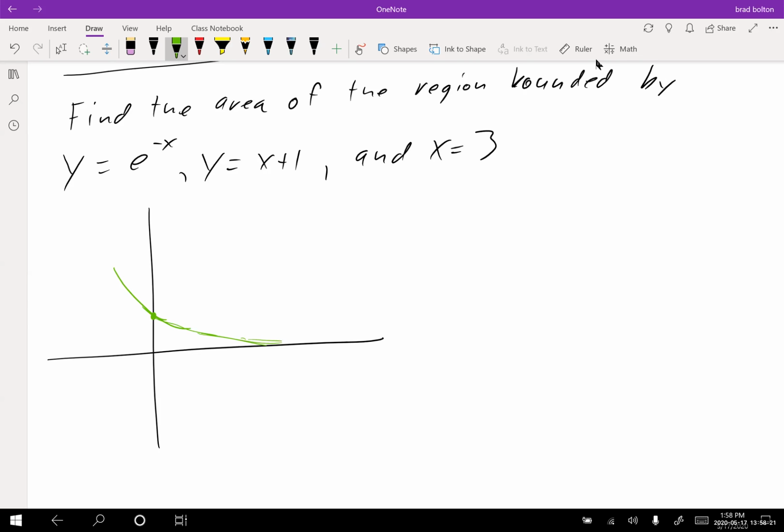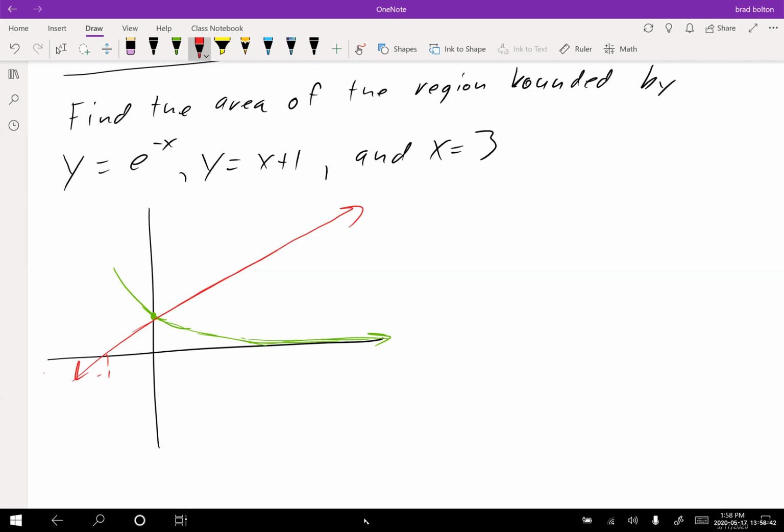Right, something along those lines. And then you got this other one that is y equals x plus 1. We know that that is a line that goes up 1. So some kind of straight line like that.